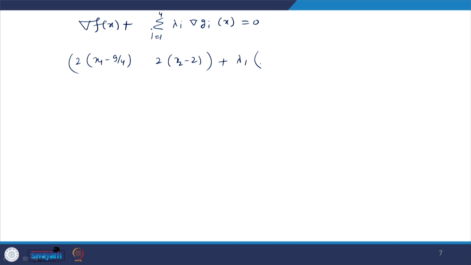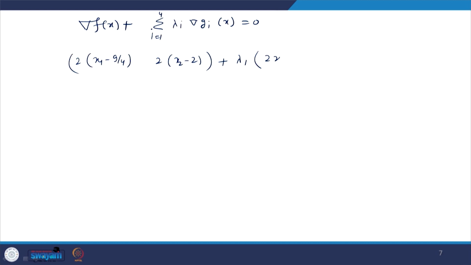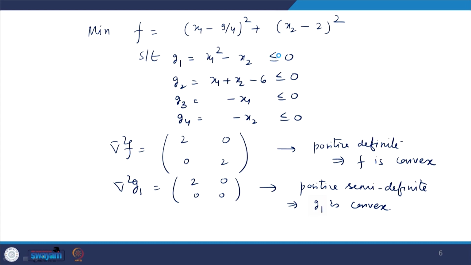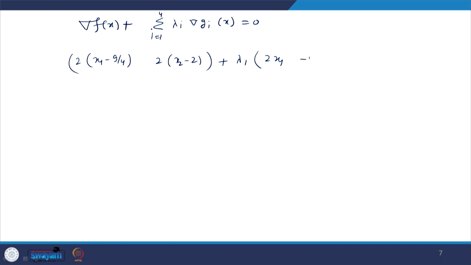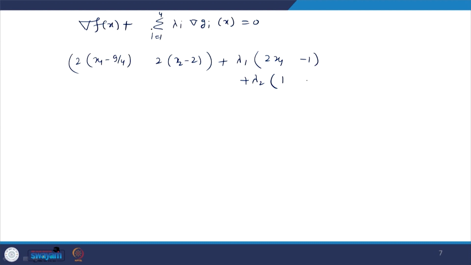plus lambda 1 times the gradient of the first constraint, which is 2x1 for x1 and minus 1 for x2, plus lambda 2 times (1, 1), for lambda 3 it is (minus 1, 0), for lambda 4 it is (0, minus 1), equal to (0, 0).